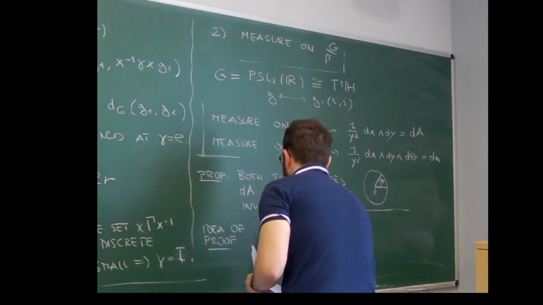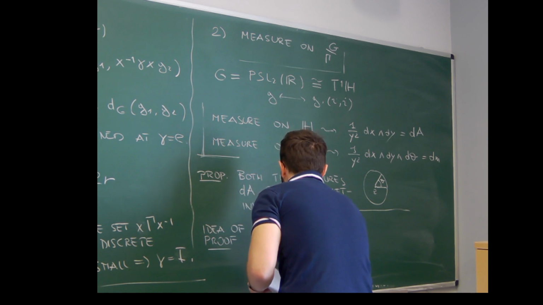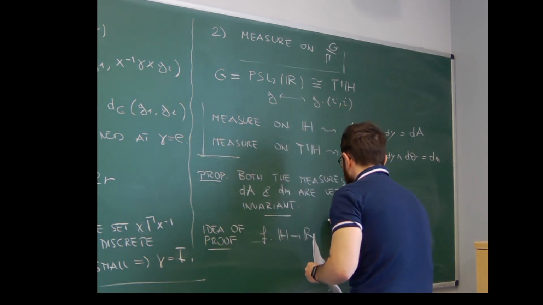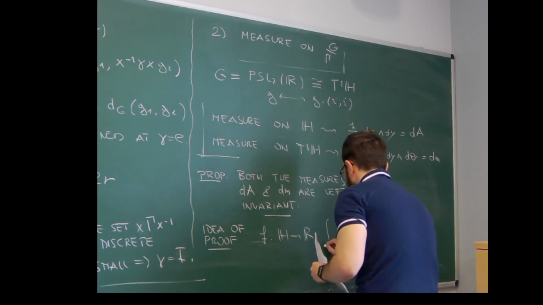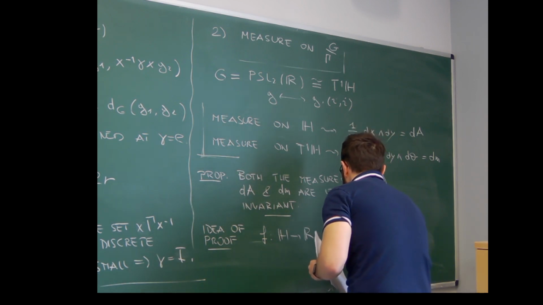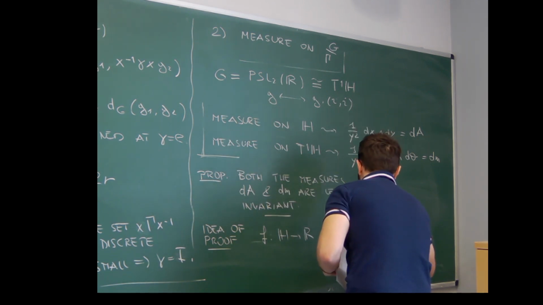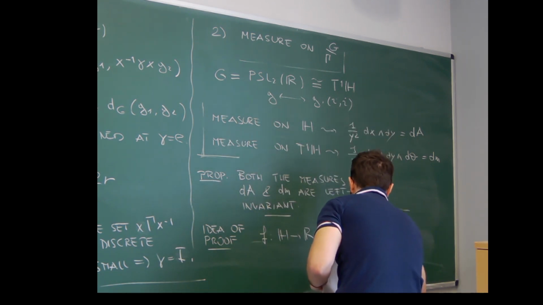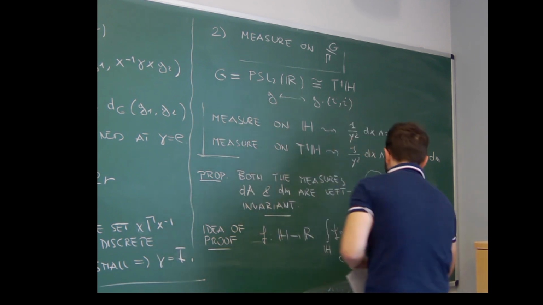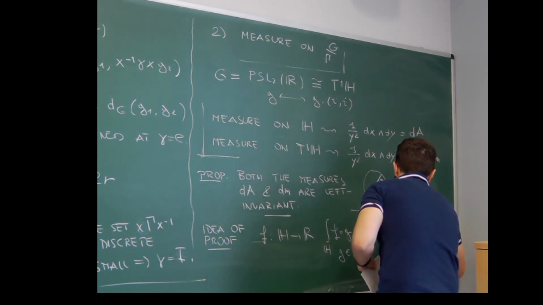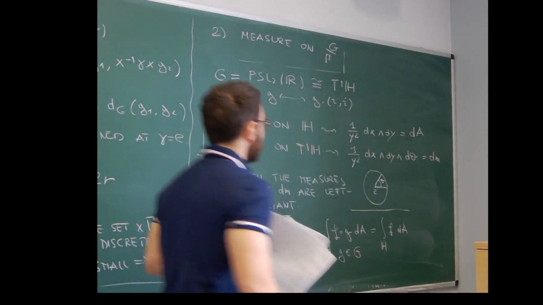Suppose that you have a measurable function f going from H to R. Then you have to show that the integral over H of f composed with g, dA, where g is an element in your group, is also equal to the integral over H of f dA.